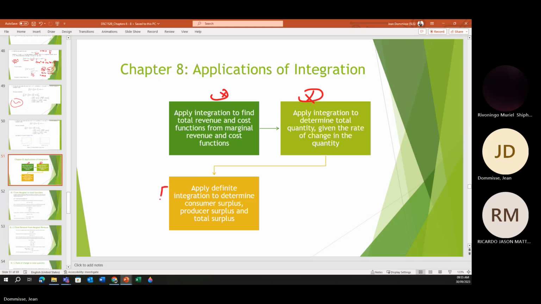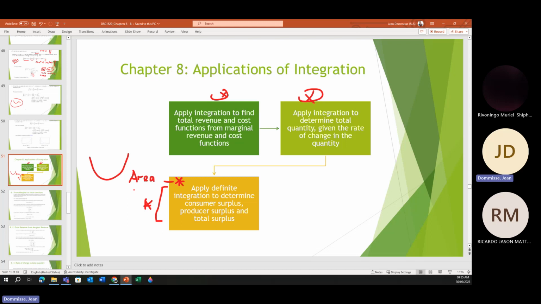In study units 3 and 4, because it was linear lines, we did the linear lines for consumer surplus and producer surplus. Now we're going to do consumer surplus and producer surplus for curved lines. But the process is the same as when we worked out area. We're going to do exactly the same.